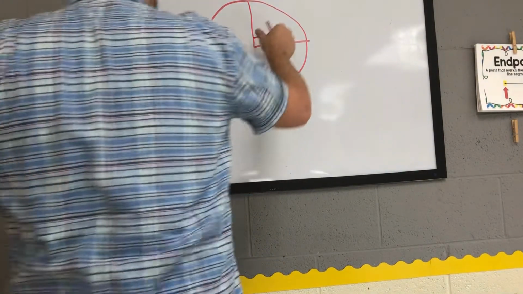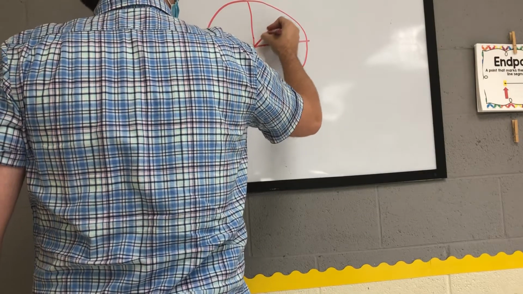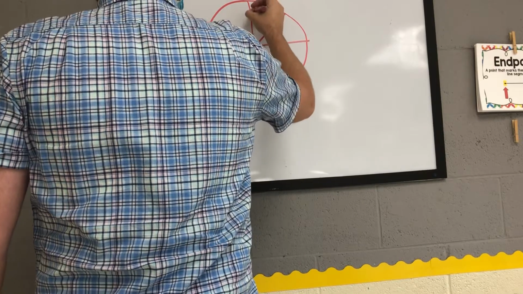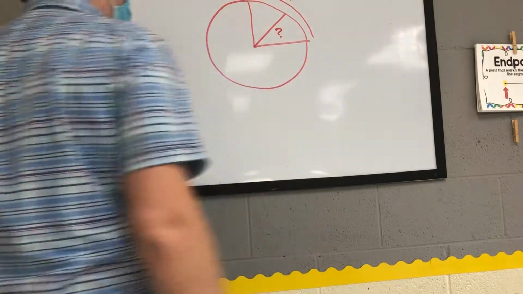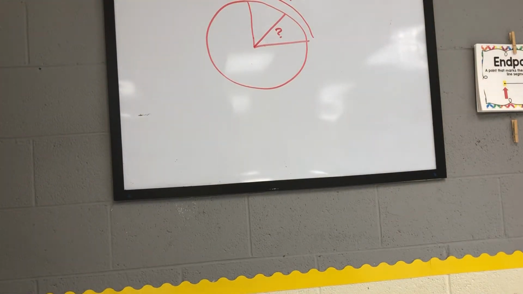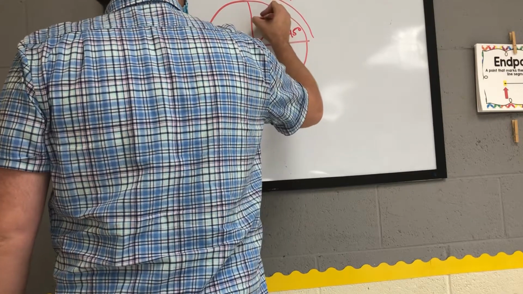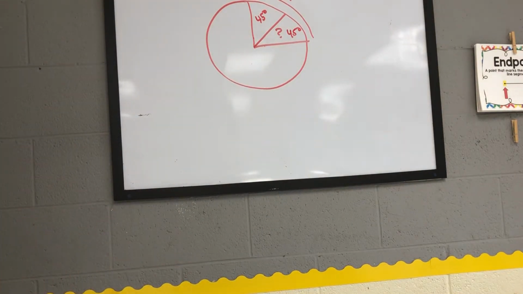Well, if that's 90 degrees, what do you think this is if this whole thing here is 90 degrees? Yeah, right, that's probably about 45. So 45 and 45 equals 90, right? Cool.